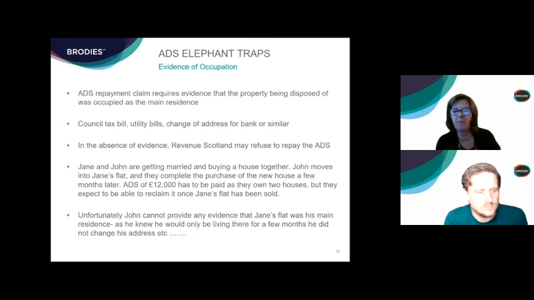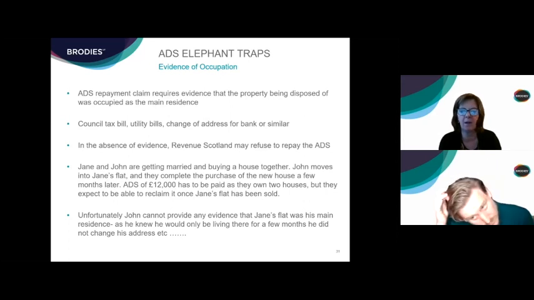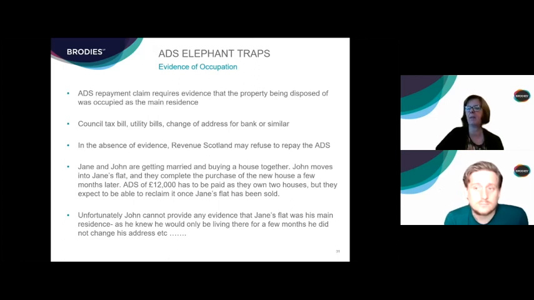A point which we've come across a few times recently is needing evidence of occupation of a main residence. So when you try and reclaim ADS, you need to give evidence that you have occupied the property as your main residence. And that can be council tax bills, change of address with the bank or similar. And if you don't have that kind of evidence, Revenue Scotland may refuse to repay.